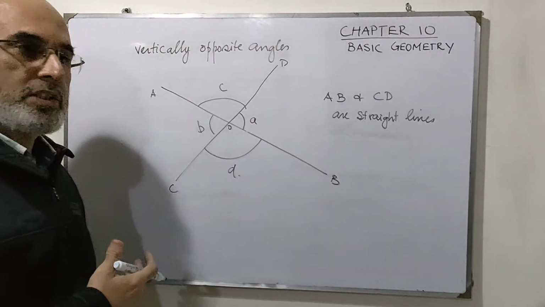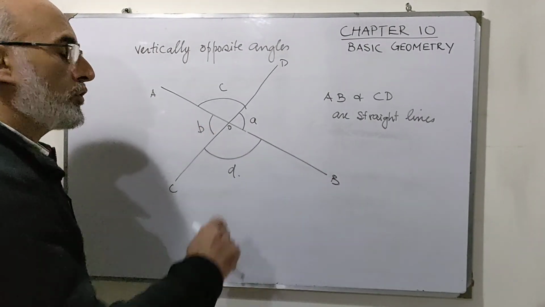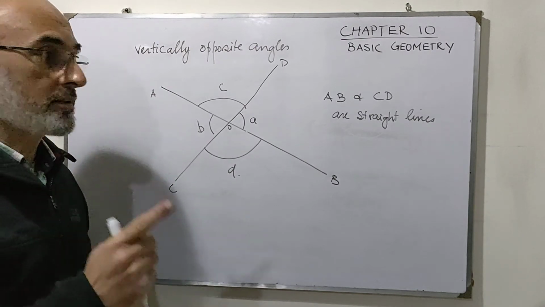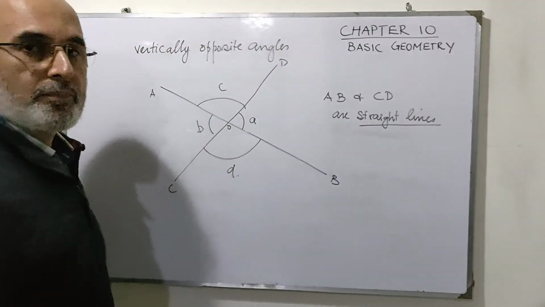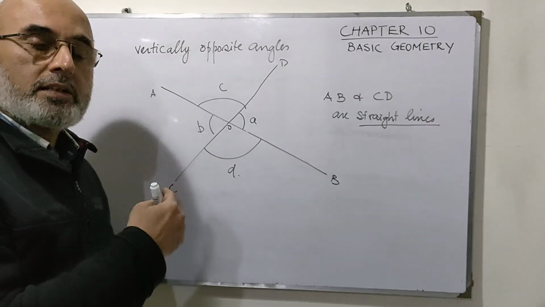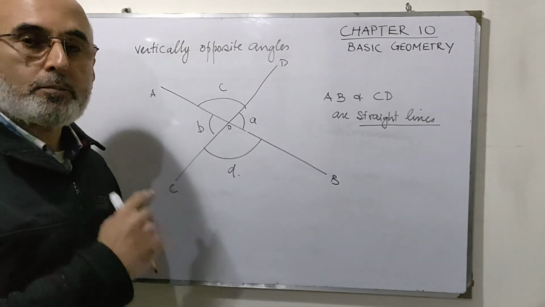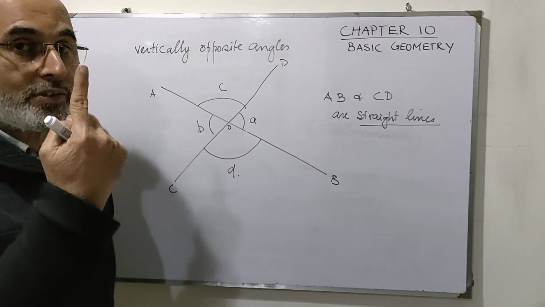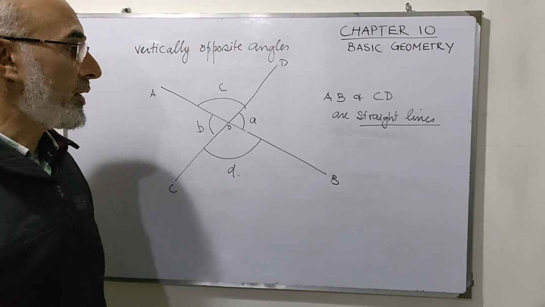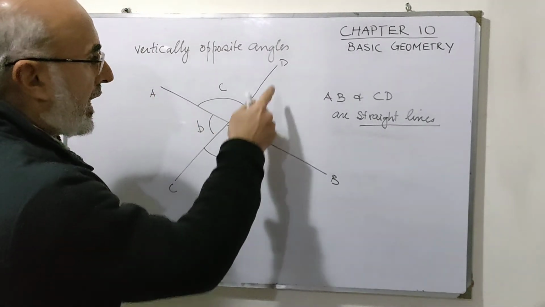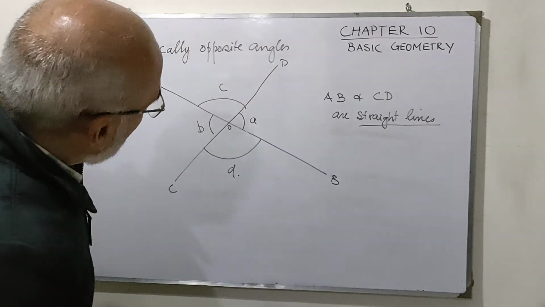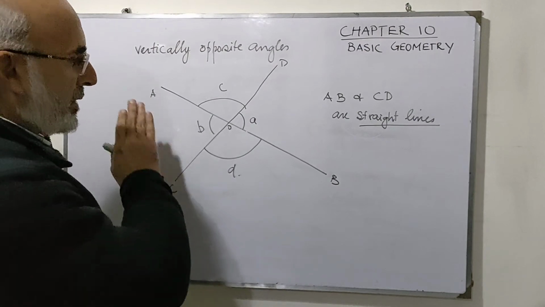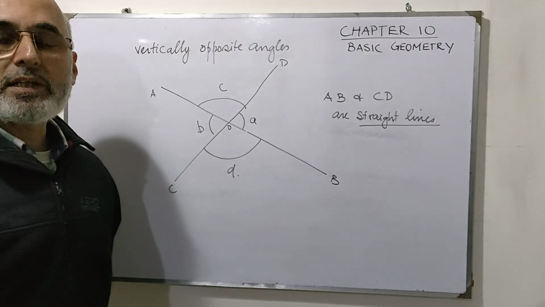When we have a situation with two straight lines, it is important that the lines have to be straight. Okay? When we were discussing angles at a point, we had only one straight line, not two straight lines. Now here AB and CD are straight lines. I might have drawn them a little curvy, but what I mean is both are straight lines, okay?